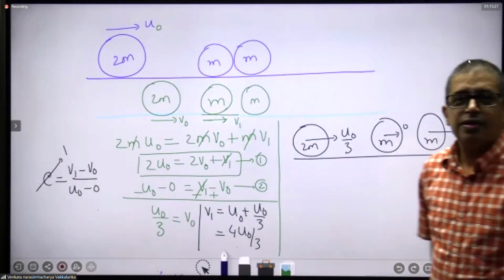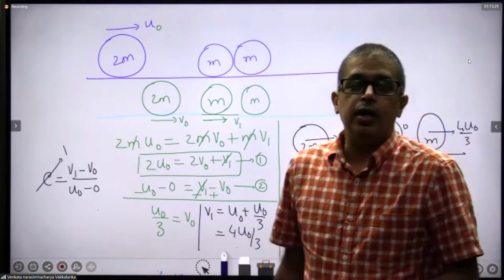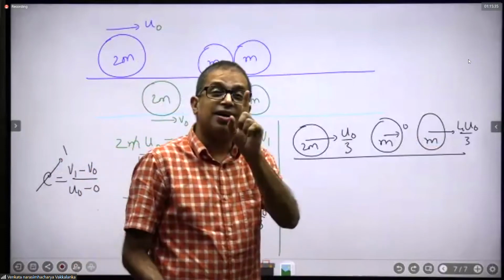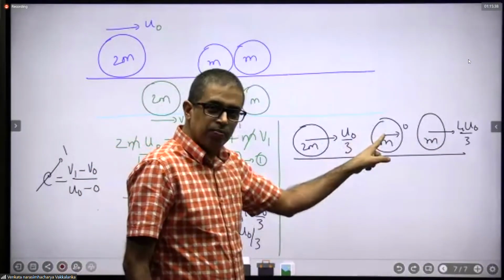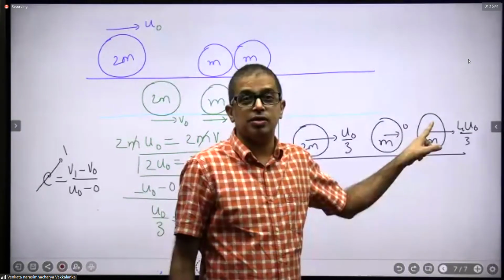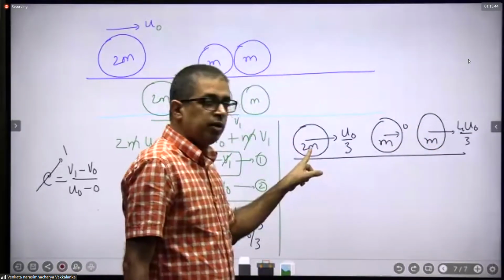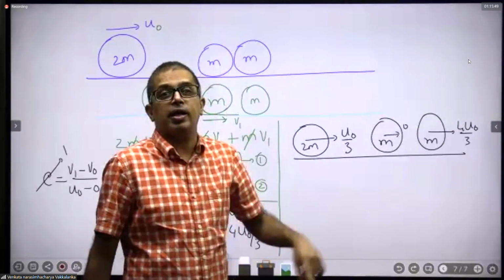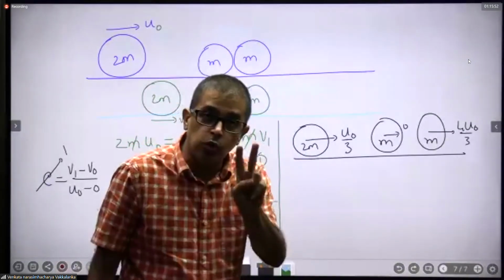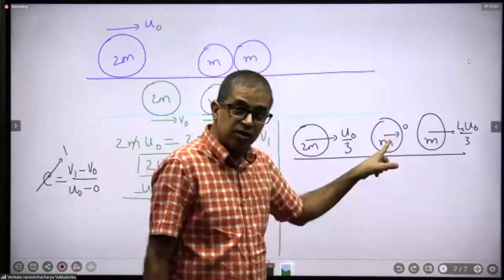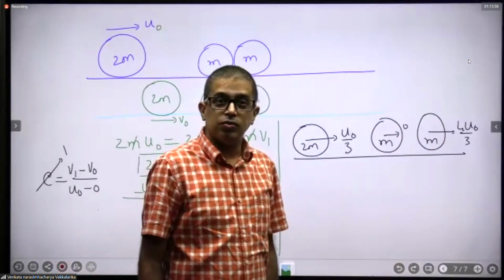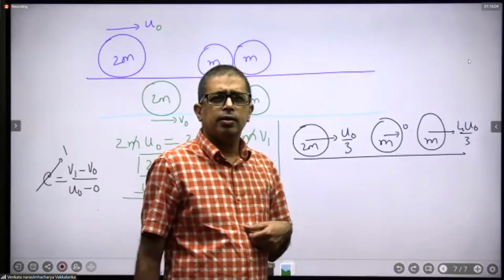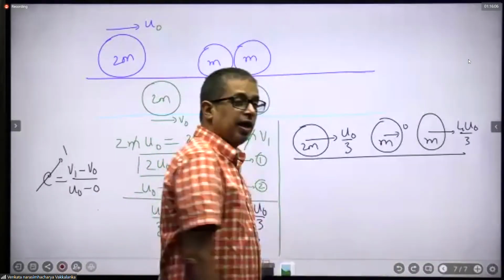Yes, sir. And we asked you the final velocity. How long will you keep the collision continuing? Till the velocity becomes lesser than the one in front. This velocity should become lesser than this. If I had given 5m instead of 2m, you would have to do momentum and energy conservation 5 times. I have given 2m, which means in 2 rounds this velocity will become lesser than this. Will you do the second round or should I? We will do it, sir. I'm waiting.